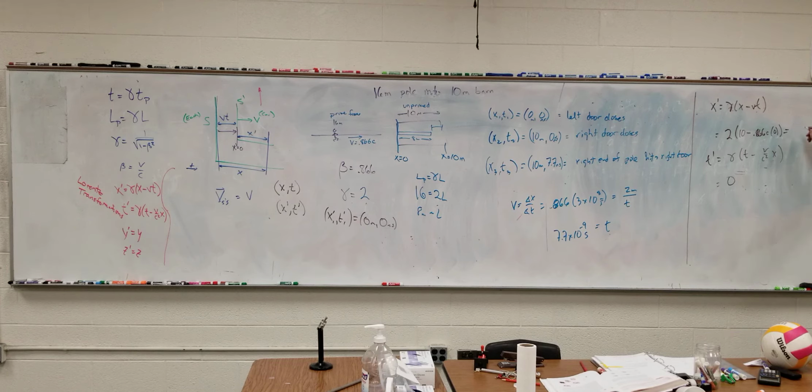And the time is 2 times 0 minus 0.866 c over c squared times 10. C's the speed of light, about 3 times 10 to the 8th.